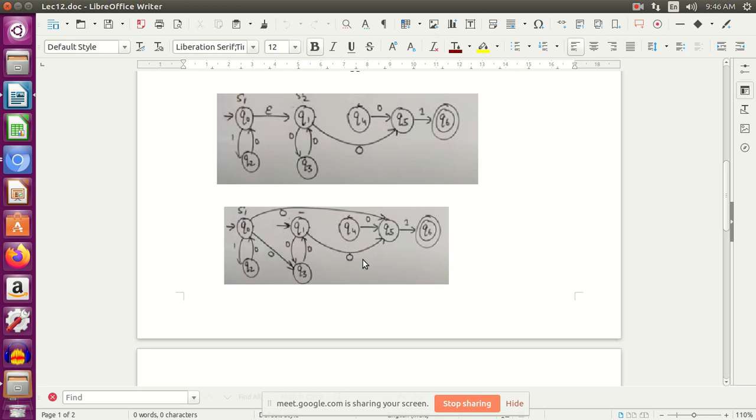It can work, but then you will have to break the process into two steps. First you convert the epsilon NFA to a normal NFA, and then convert the normal NFA to a DFA, whereas we have a concrete process for doing it directly. I had shown you a process where we have an epsilon NFA and we can directly convert it to a DFA. We need not go through an intermediate stage.